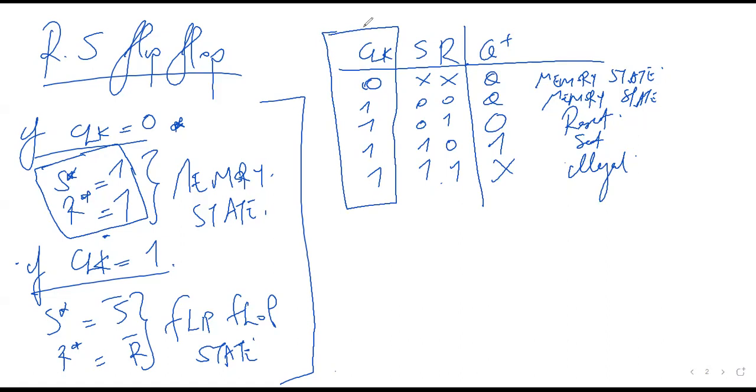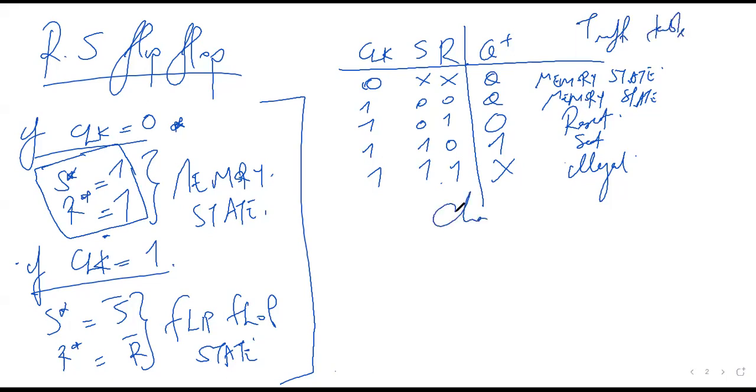The characteristics table will be almost the same as the one for the SR latch. So this is the truth table. The characteristics table shows you what is the next state.